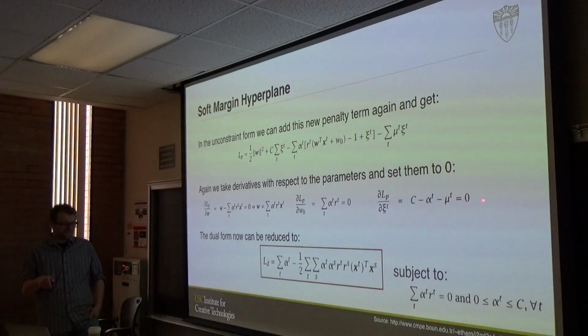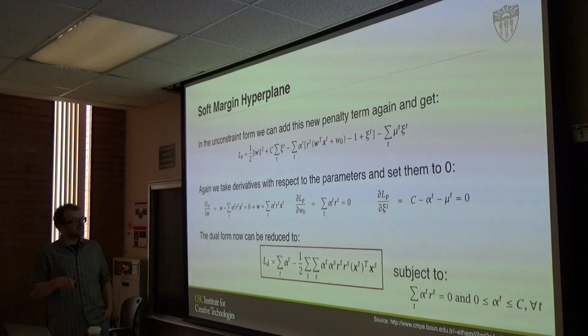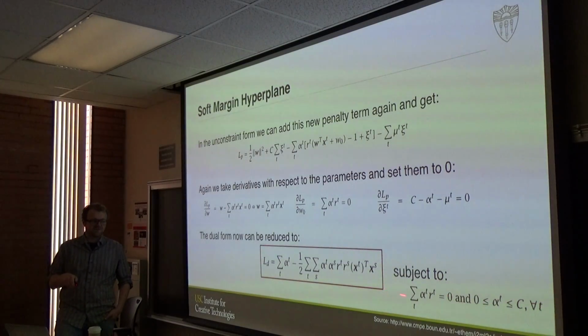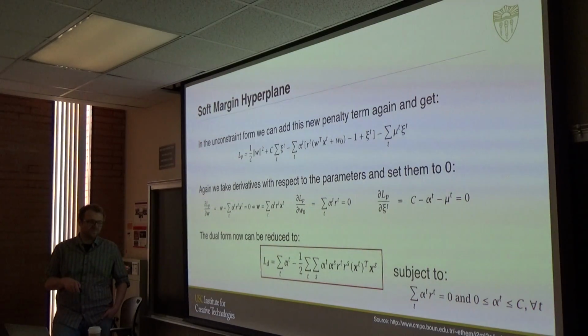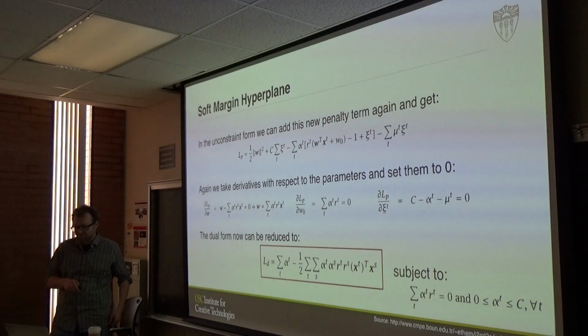Basically, this formula in the end looks exactly the same as before. There's no difference between this dual form and the previous dual form. The only difference is that we have these alpha values now subject to different constraints. So the C parameter comes up in this additional term there. Okay? So that's the only difference.